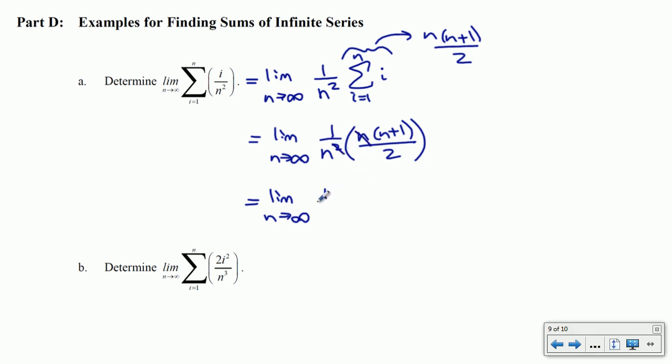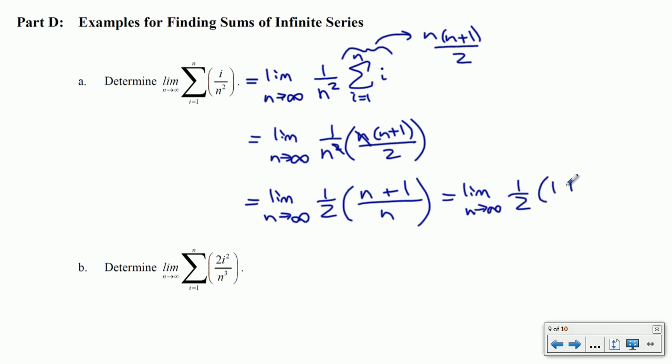So then we would have 1/2 times n plus 1 all over n, which is the same as 1/2 times 1 plus 1 over n. So as n approaches infinity, this term will go to 0, that term will be unaffected, and our sum is 1/2.